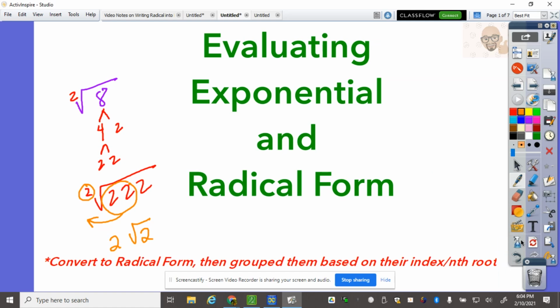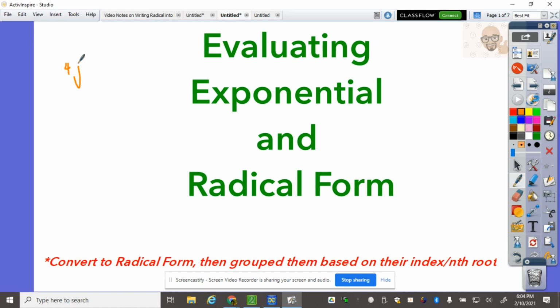Or if I have a variable, let's say the fourth root of x to the 7. Since the index here is 4, there should be 4 items in a group. Since x to the 7 means there are 1, 2, 3, 4, 5, 6, 7, there are 7 x's there. And in a group, there should be 4 because the index is 4.